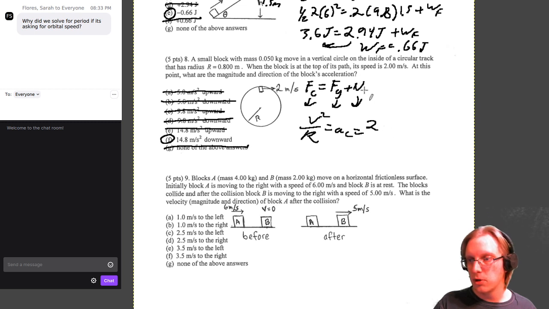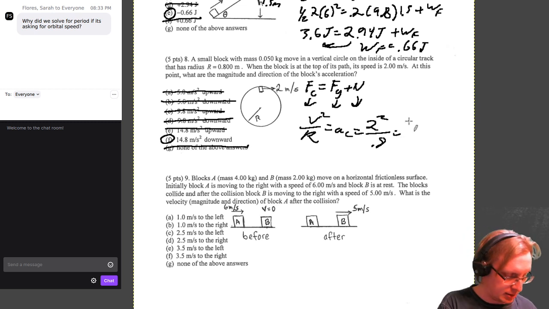I suppose you asked the question, what's normal force? But that's not the question they're asking. Anyhow, 2 squared, divided by the radius, 0.8, and that is 4 divided by 0.8, 5.